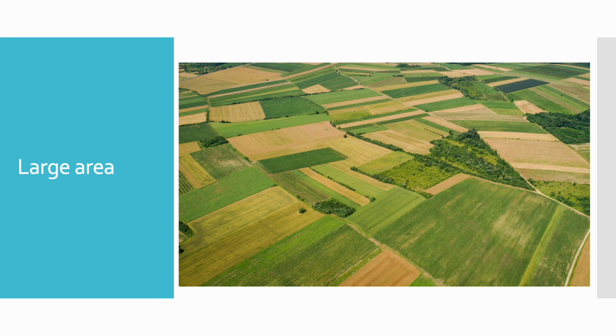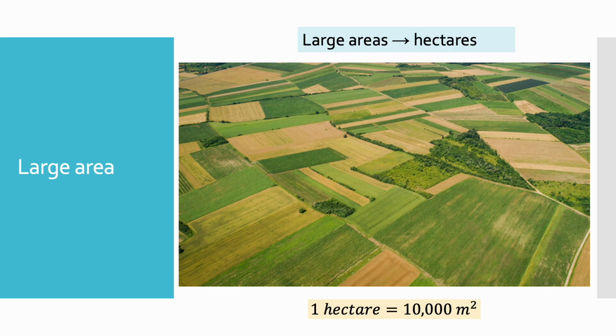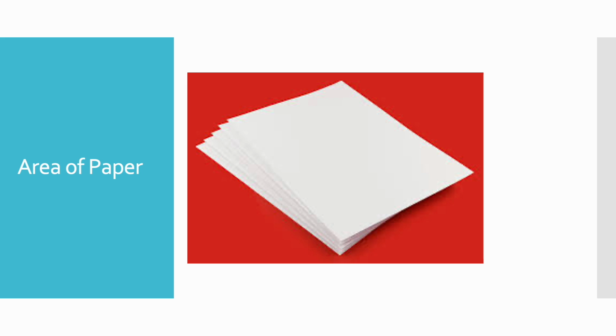When measuring very large surfaces like agricultural land, we use a unit called hectare. 1 hectare is equal to 10,000 square meters. Let's look at a smaller object, a sheet of paper. If we calculate the area using its dimensions, 21 centimeter by 29.7 centimeters, we get an area of 623.7 square centimeters.